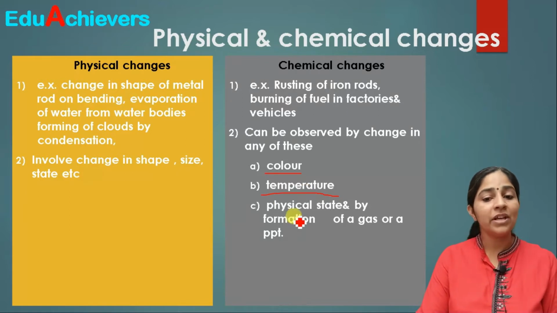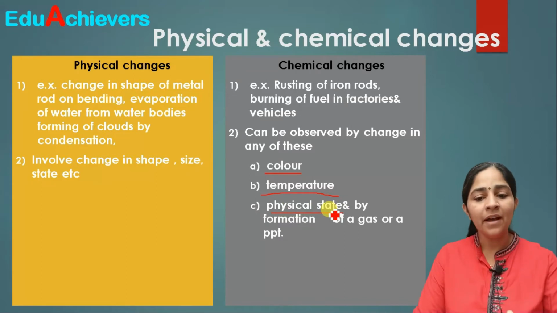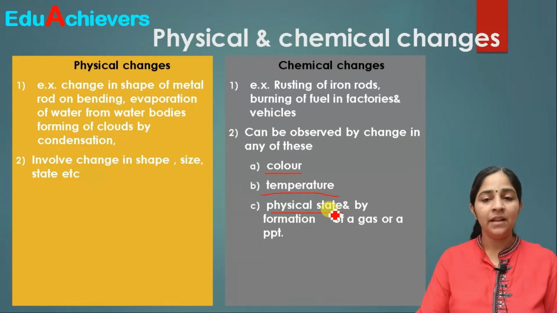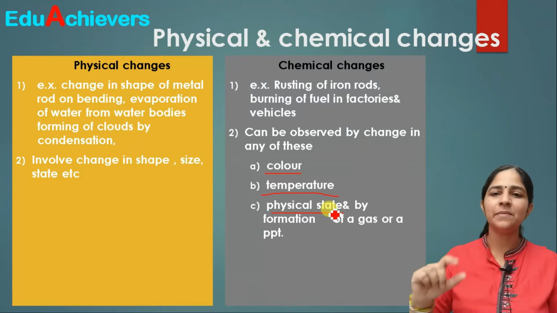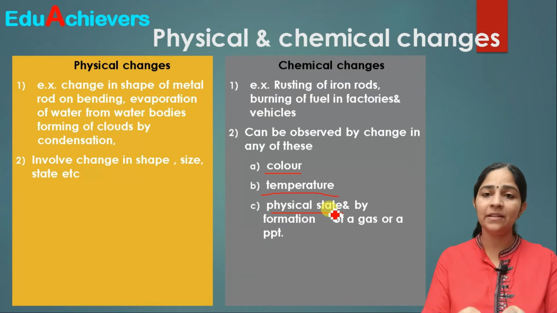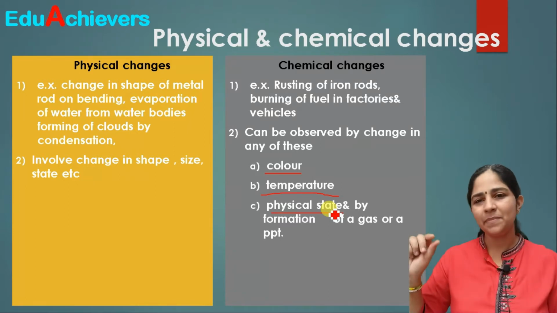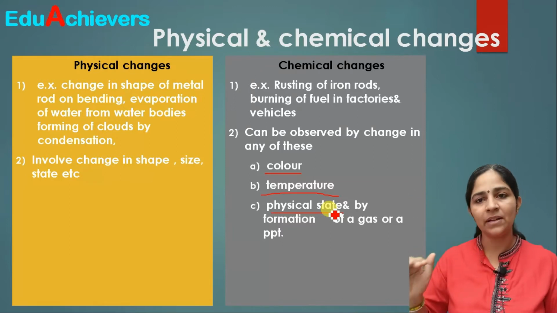There can be a change in the physical state. Here there can be a new gas forming, or there can be a precipitate. Now what is a precipitate? For example, two chemicals are reacting and some solid substance is formed. For example, A and B are both liquids. When they react together, some white precipitate is formed, a white substance forms in the test tube and settles down at the base.